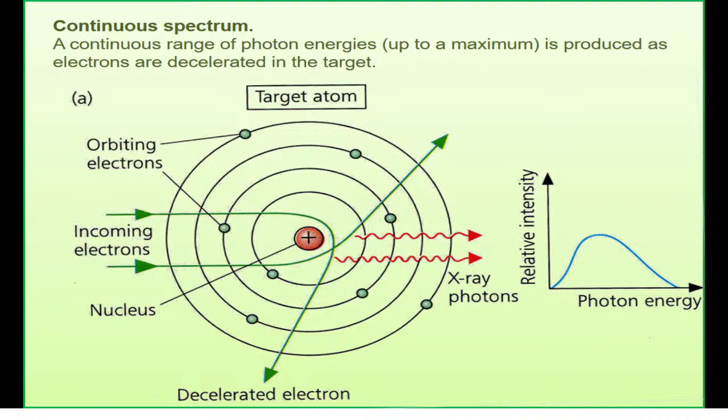Consequently, when electrons with different final kinetic energies are stopped by the target, they produce different energetic photons of the X radiation. So this is the reason to produce this continuous spectrum: the different initial velocities of the electrons that are removed from the filament by the thermo-ionic emission.